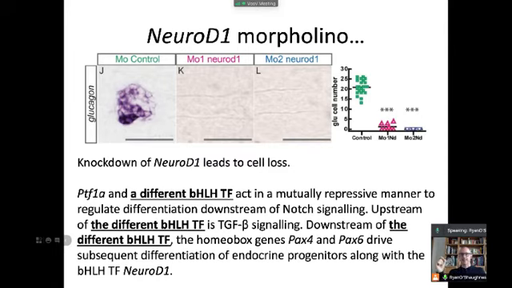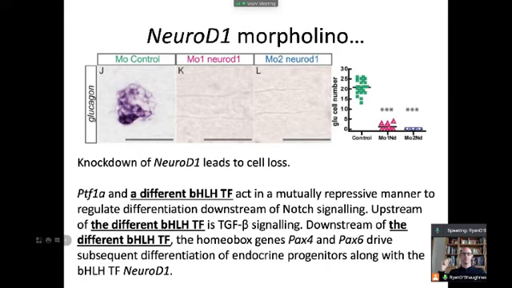So PTF1A and a different basic helix loop helix transcription factor act in a mutually repressive manner to regulate differentiation downstream of Notch signaling. Remember that the Mindbomb effect increased the amount of beta cells.